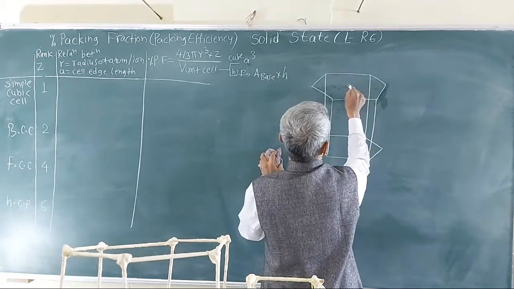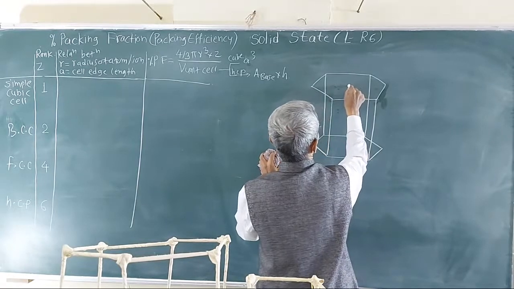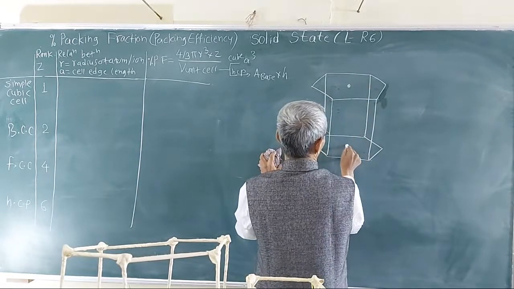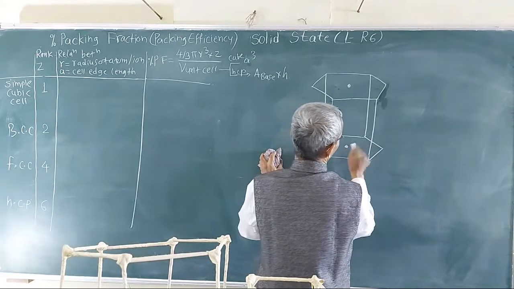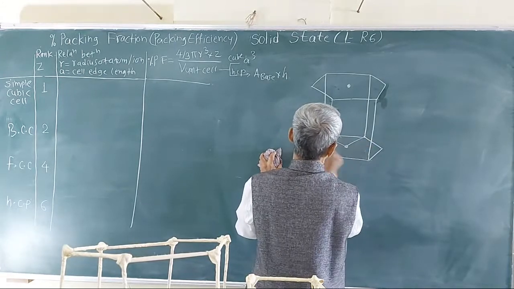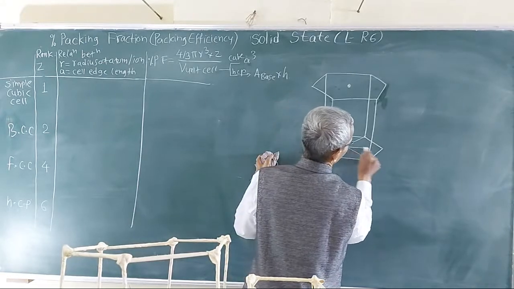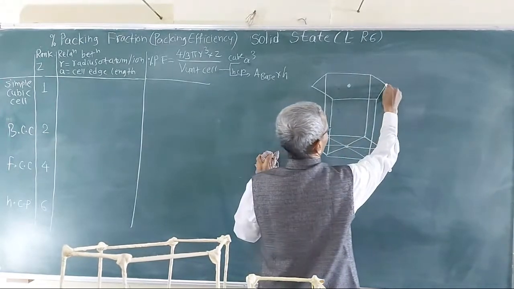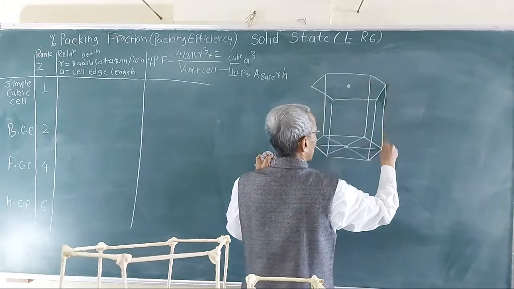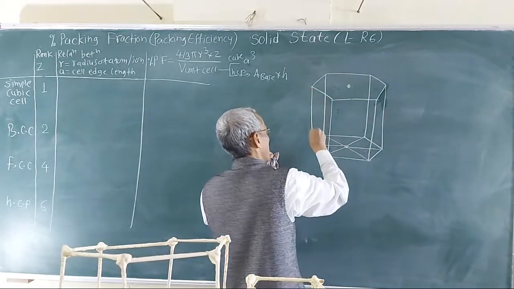So here, as discussed, if you consider the center of this atom, and if you attach this, there are formation of equilateral triangles. 6 equilateral triangles are formed. Consider this is the hexagon, like this.